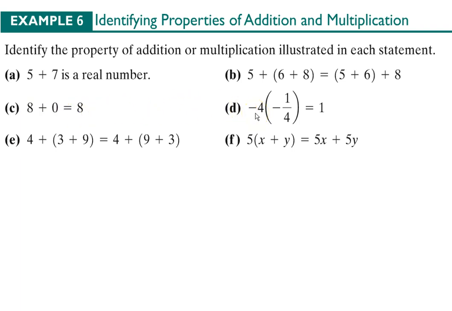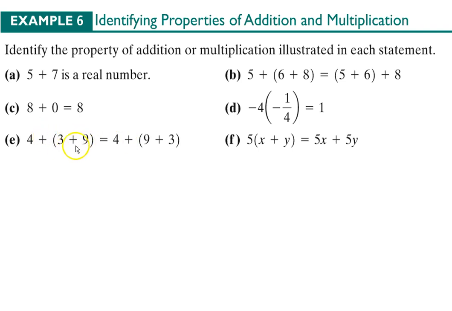And then here we're multiplying a number by its reciprocal. The signs are the same. We end up with a positive 1. This is the inverse property of multiplication. Now, notice 4, 3, 6, 4, 9, 4, 9, 3.